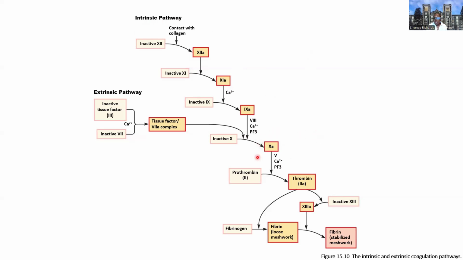So what you kind of need to know is where both of the pathways meet at factor 10A, and then the way that prothrombin gets converted with the help of 10A and these other factors to bring about the other steps that we described. So from factor 10A onward is what your focus should be.